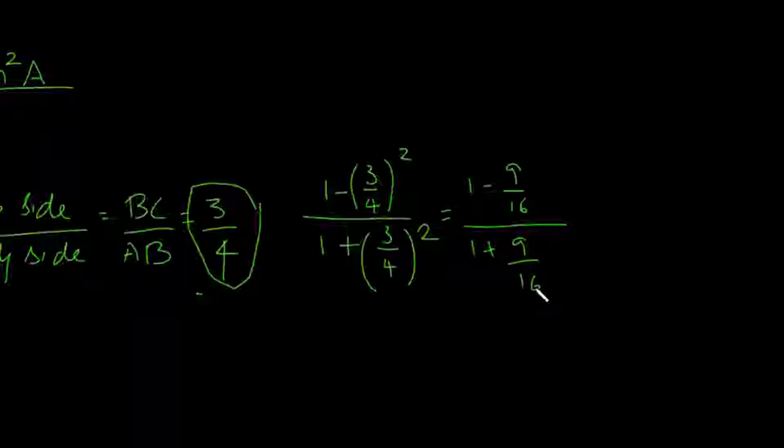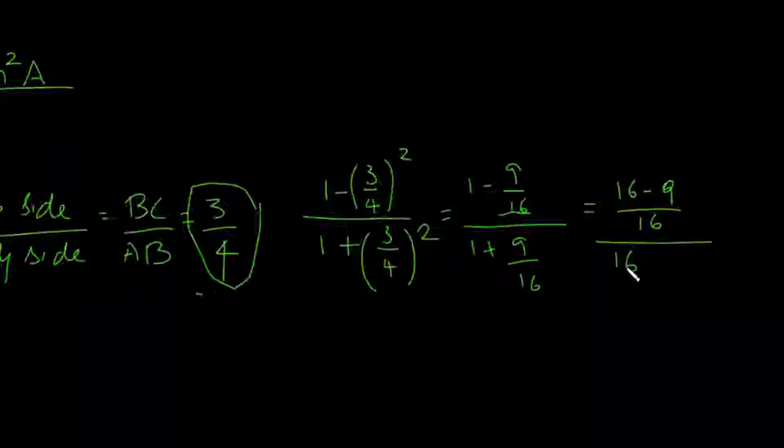So now we know the LCM for the equation is 16, which is this. So now let's equate the numerator as 16 minus 9 divided by 16, divided by 16 plus 9 divided by 16.